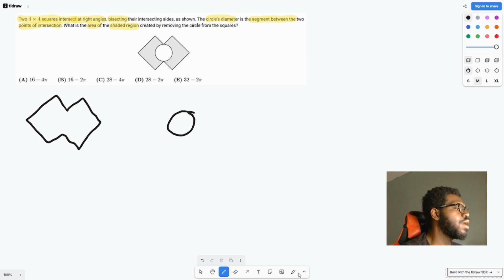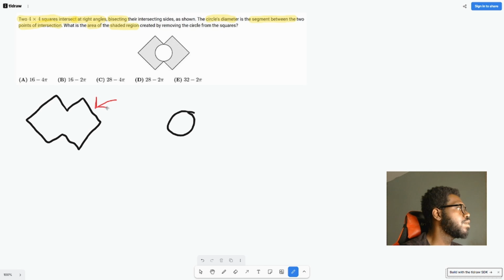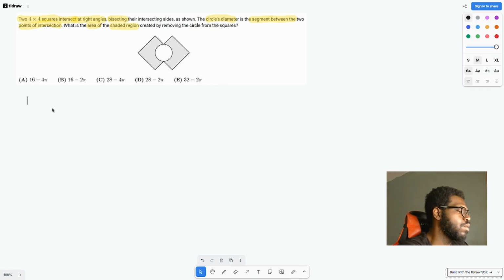So if we can start by finding the area of this shape here, then find the area of this circle that's been cut out from these two squares, and subtract these two areas, then we'll have the area of the shaded region. Which means that we're going to have three steps here. Step one would be to find the area of the bisecting squares.